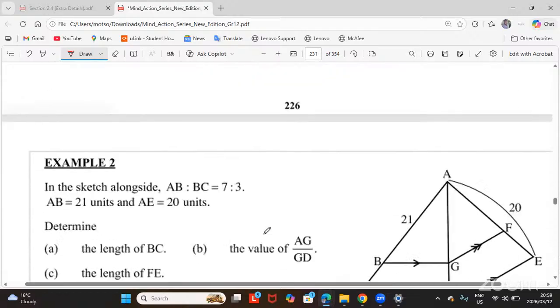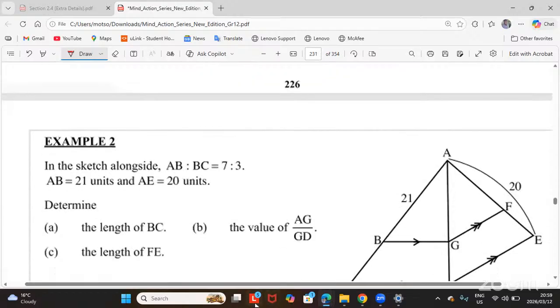Example 2. They say in the sketch alongside, we are given the ratio AB is to BC, that we can write as AB over BC as 7 over 3, right? Because a ratio can be written as a fraction.